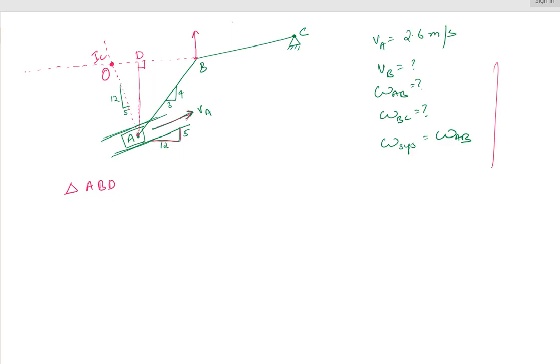Triangle DAO. In other words, imagine this L shape, and that is making a certain angle with the horizontal.